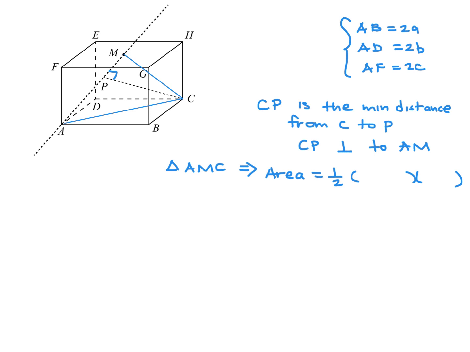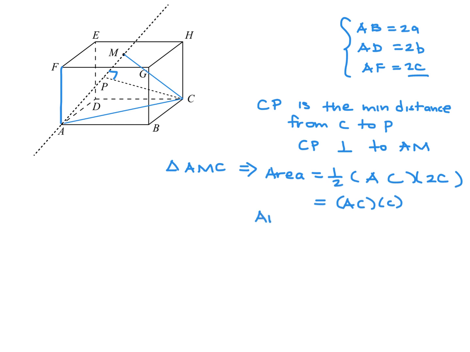The first way would be if we have AC as the base and the top to bottom distance from M all the way to the bottom, and that actually I believe is 2C. The top to bottom distance is the same as AF, which is 2C. Yeah. So this basically is AC times that letter C.